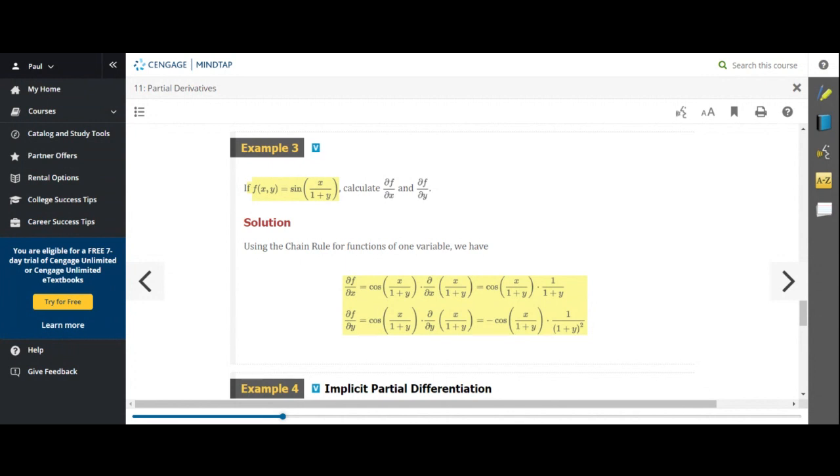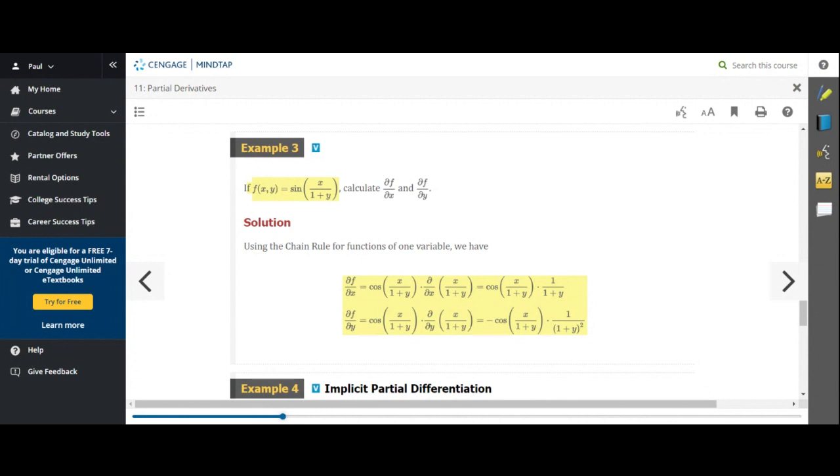Eric, is the book wrong with the derivative with respect to x? No, it's okay. So you're looking at example 3, Eric? Well, the function was the sine of x over 1 plus y. The derivative of sine is cosine.